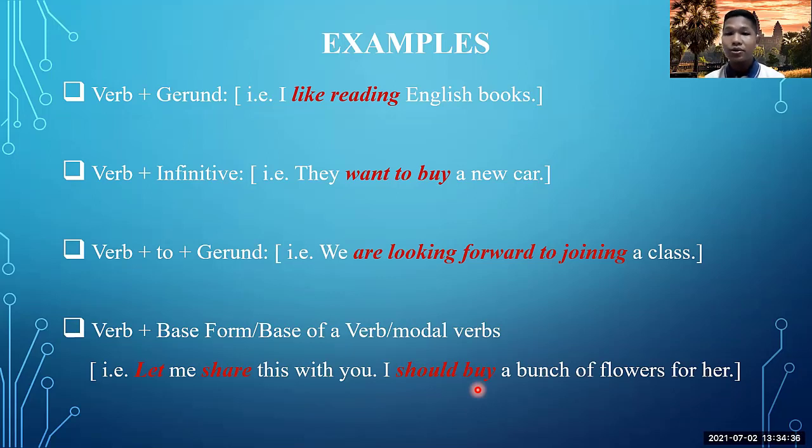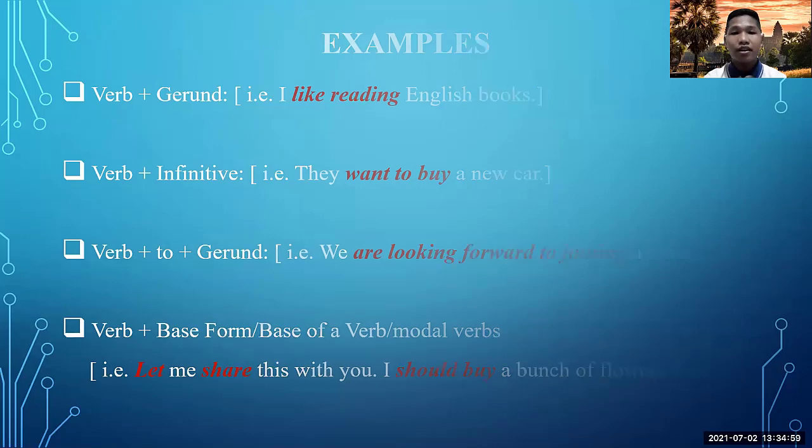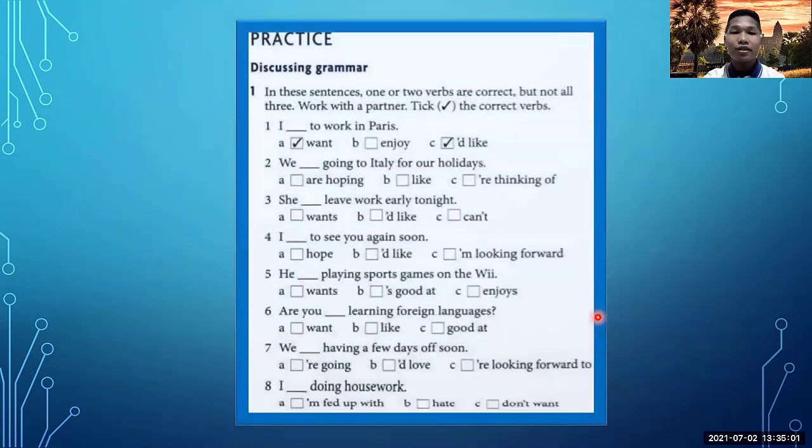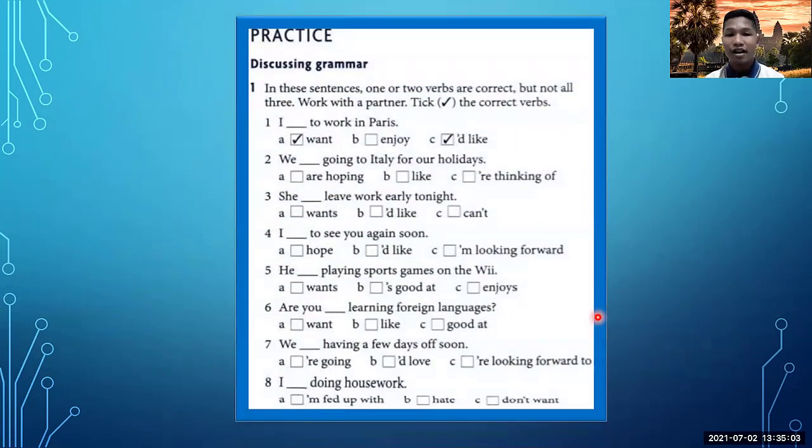So it's easy to make it brief. Like reading, want to buy, are looking forward to joining, let's share, and should try. They are verb patterns. Okay, let's practice a very short quiz that I got from our student book. Here, discussing grammar. It's time for practice now.